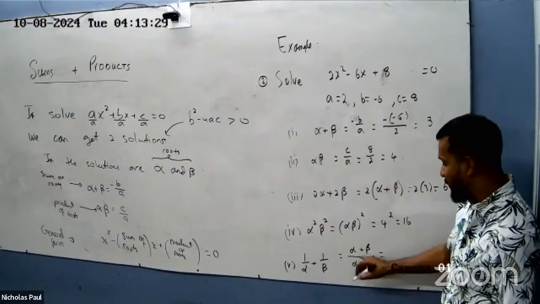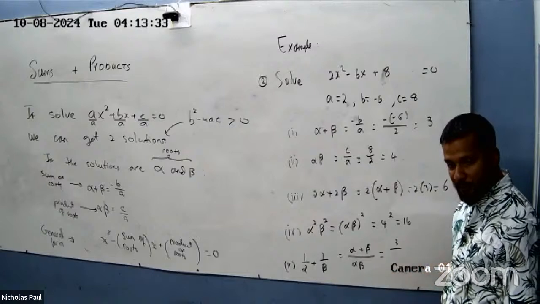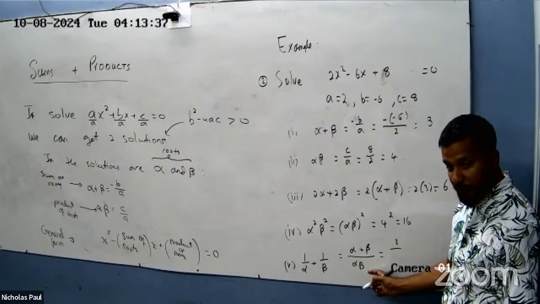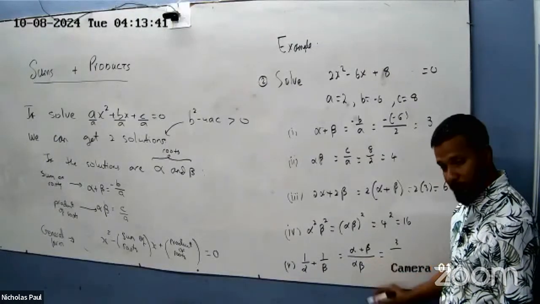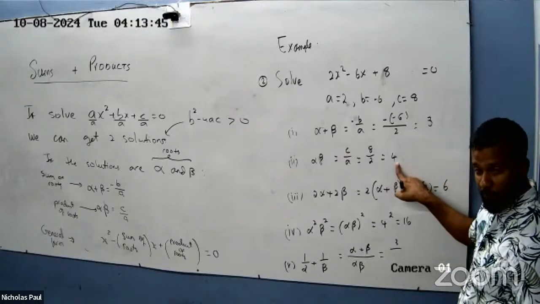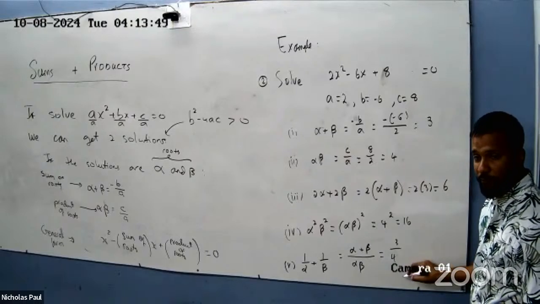And what is alpha by beta? What is the value? Yes, you're right. So the answer is 3 over 4.